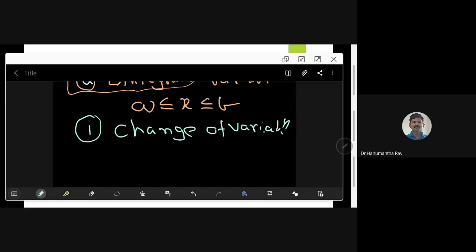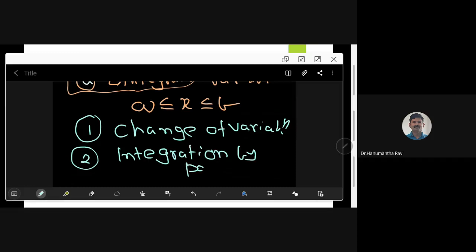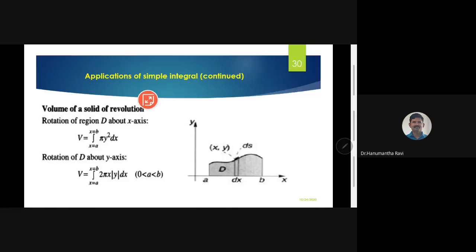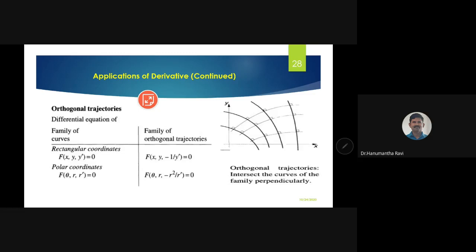This is one technique, and the other one is called integration by parts. These are the two things we frequently apply in order to evaluate single integrals.